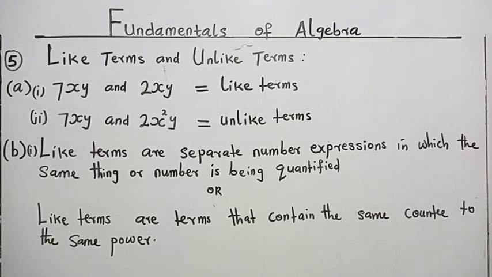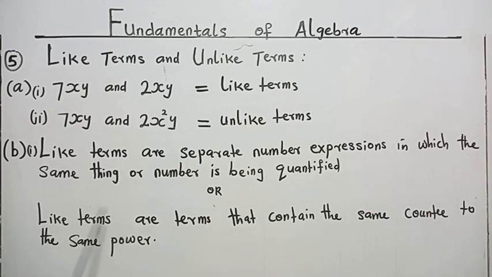If that definition is accepted, to an extent, it is true, but the challenge is that this x and y are variables, and the x and y here are also variables, which means the same variables are found in both of them. But at the same time, we say that these two are not like terms. The implication is that something is remaining in that definition.